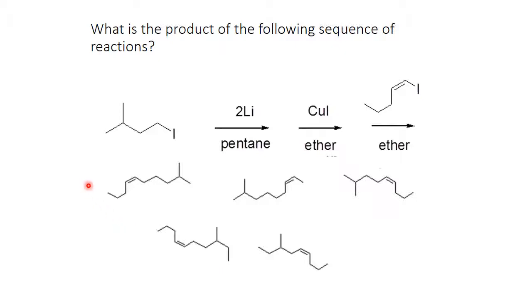If I look at 1, 2, 3, 4, 5 is correct. That one works. This one, you see you have the alkene on the number 4 carbon. This one will not work because the alkene is not on the number 4 carbon. This, the alkene's on a number 4 carbon. This, the alkene's on a number 4, and this one.